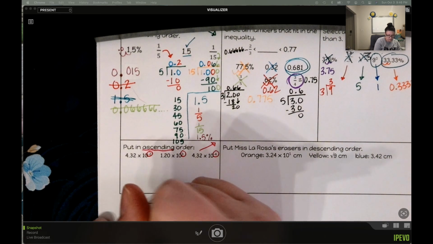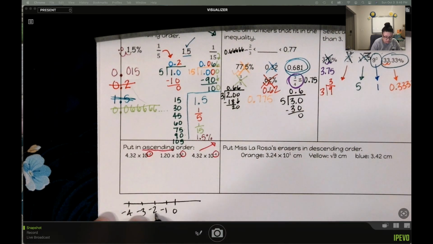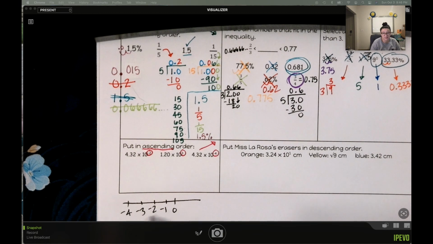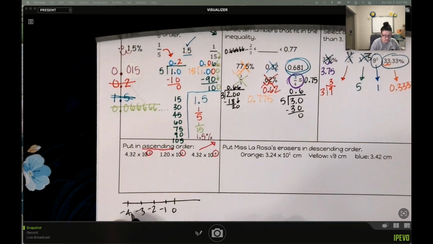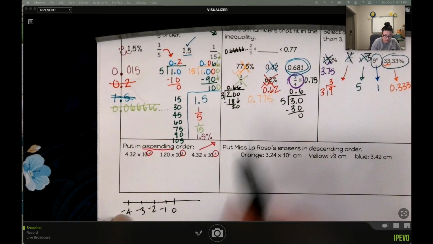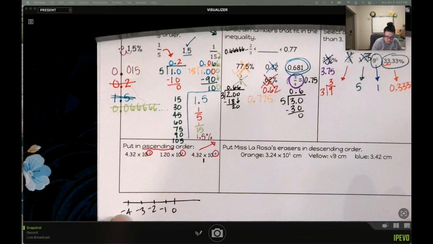I know a lot of us are probably going to say -2. Remember with the negatives, they get flipped around. -4 is actually smaller than -2, so this one should come first if we're going from smallest to biggest.